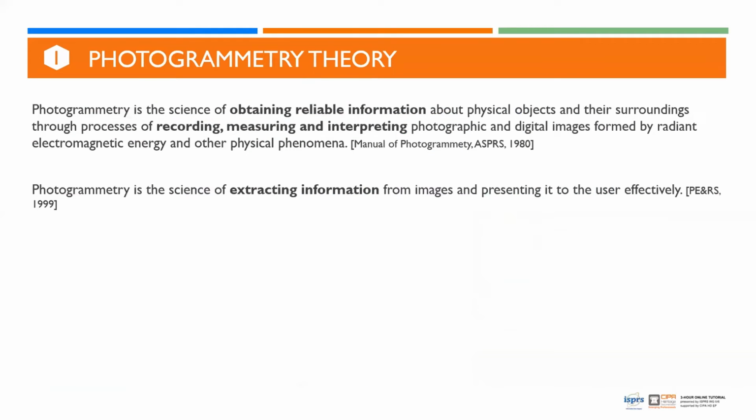So first of all, I think that all of you know what photogrammetry is, of course. So I will not go through this definition, but just to highlight that it is useful to obtain reliable information and to allow us to extract information from images, and to have the possibility also to measure and interpret our results.